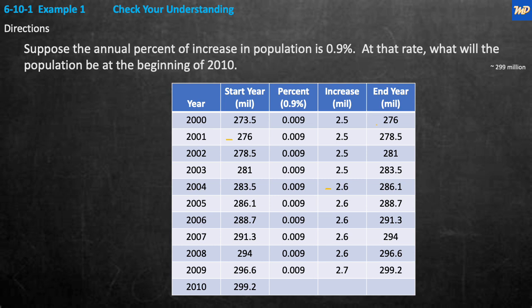And when you add that in, you get 299.2 million, and you carry that to the beginning of 2010, and there's our answer, 299.2 million, and that's your answer.